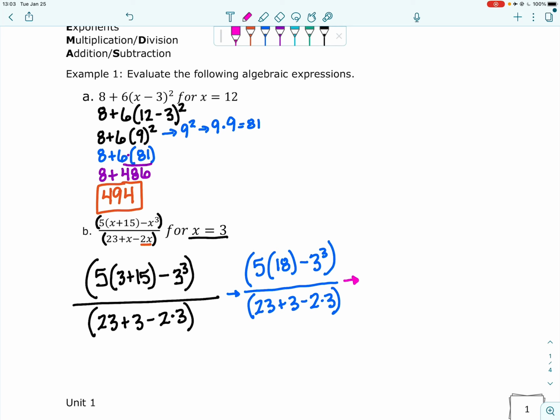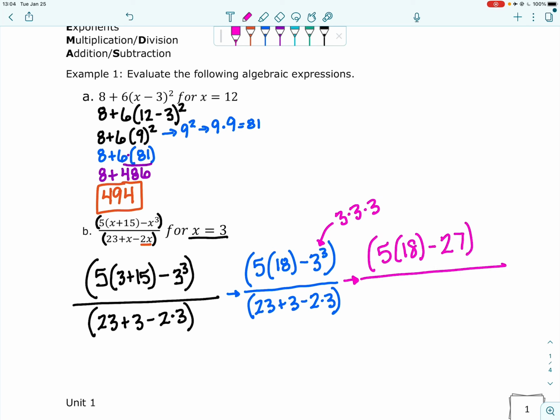So then after parentheses, we look for exponents. So there's an exponent in the top. Right here we have 3 cubed. So remember that's going to be 3 times 3 times 3. So 5 times 18 minus 3 times 3 times 3. That's going to give us 27.